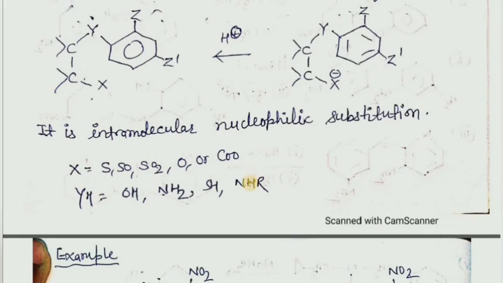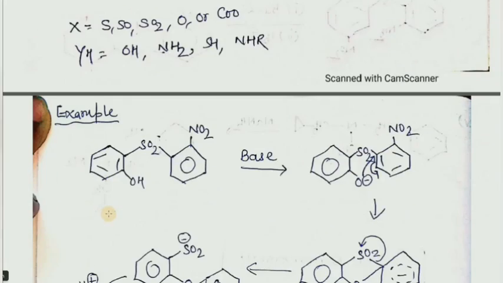It is an intramolecular nucleophilic substitution. X will be either S or SO or SO2 or O, or C double bond O, and YH is equal to OH or NH2 or SH or NHR. So these may be the values of X and YH.